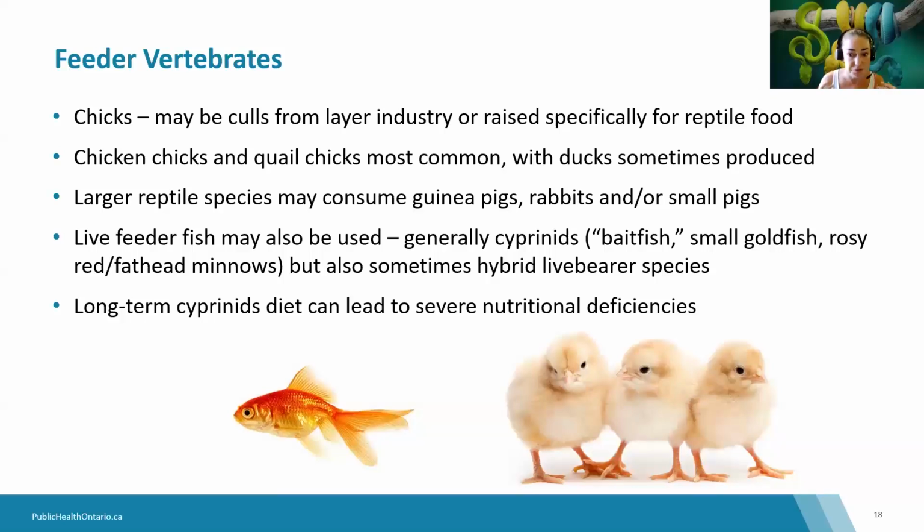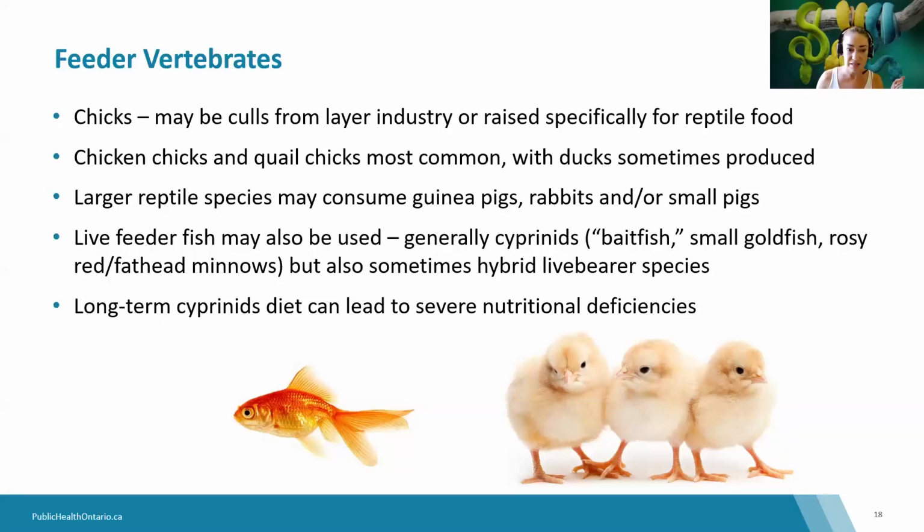Some people feed small goldfish, what are called rosy reds or fathead minnows. But sometimes there are hybrid live bearer species that look like mollies or guppies. Long term, a diet of these baitfish species can lead to severe nutritional deficiencies, particularly for thiamine. So neurological disease is very common in reptiles that are fed these animals exclusively.